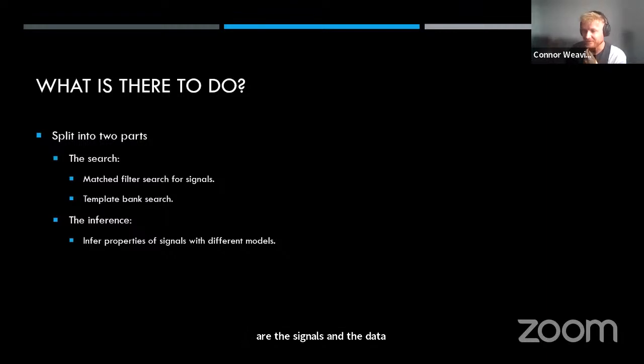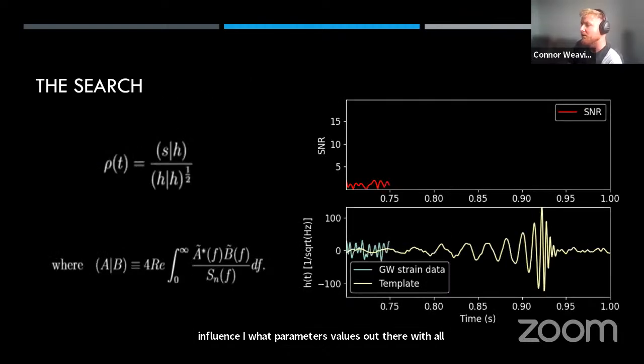We use basic techniques such as matched filtering, and we are looking into template bank searches in this particular case, which I'll tell you a bit more about at the end of the presentation. Then the second part is the inference, i.e. what parameter values are there of the gravitational wave signal that we've found.